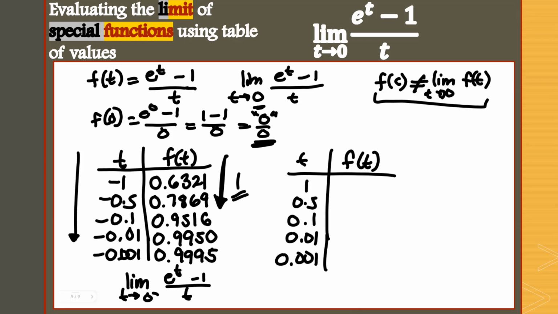Now let's substitute them on our given function. As we apply 1 for our f of t, approximately, we will get a value of 1.7183.